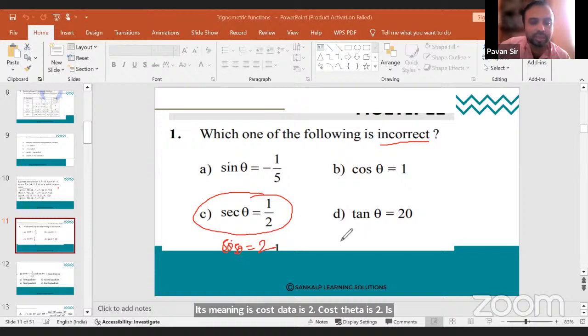No, because if you take the mod of sec theta, it is always greater than or equal to 1. Greater than or equal to 1 means it is not possible. So option C is the correct one.